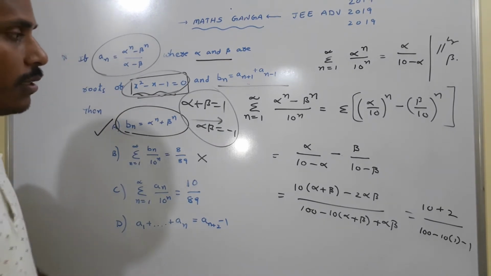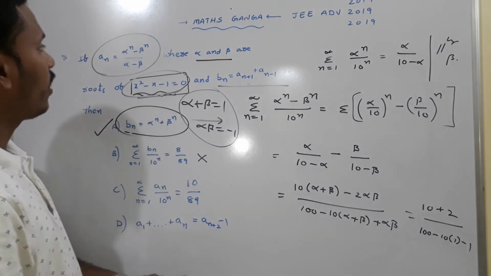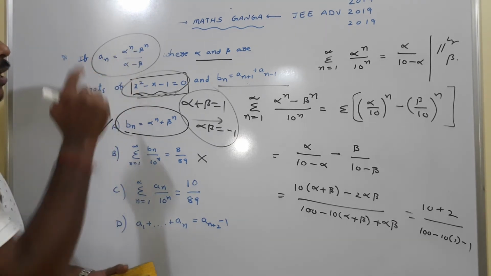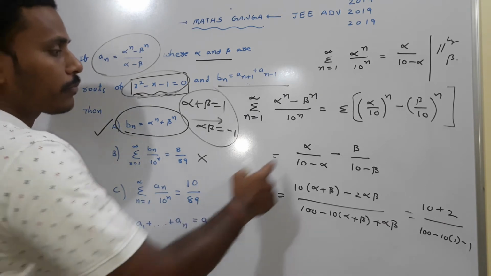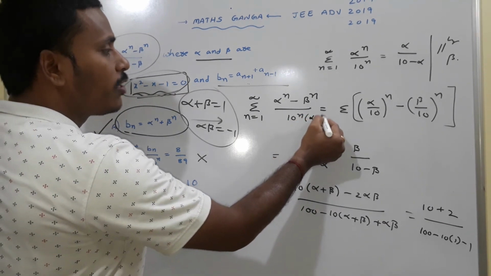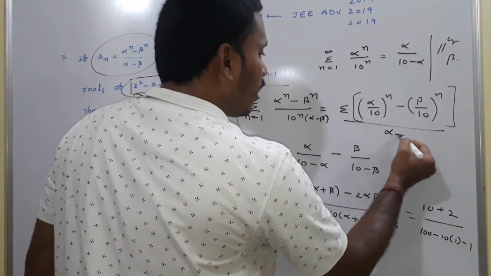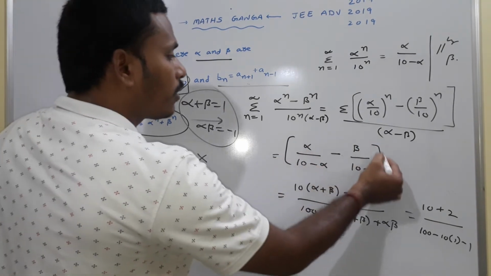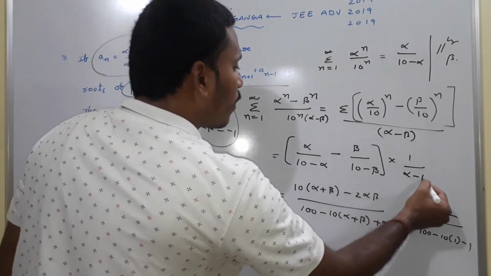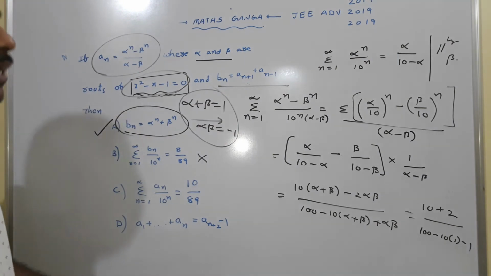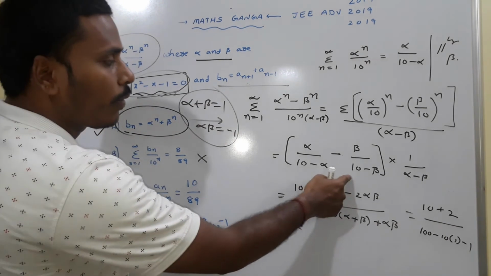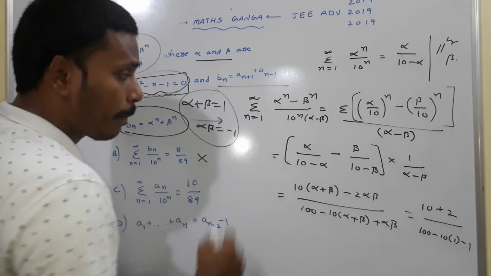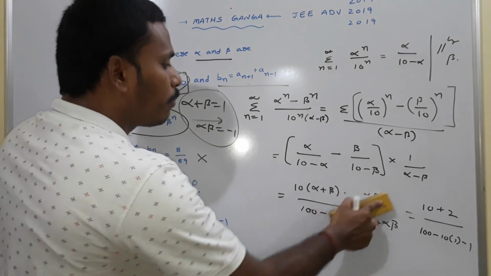So how can I check? An is actually alpha power n minus beta power n by alpha minus beta. So we have alpha minus beta in the denominator also, and this total expression is divided by alpha minus beta. So we need to simplify it. 10 alpha minus alpha beta minus 10 beta plus alpha beta, so alpha beta will get cancelled.